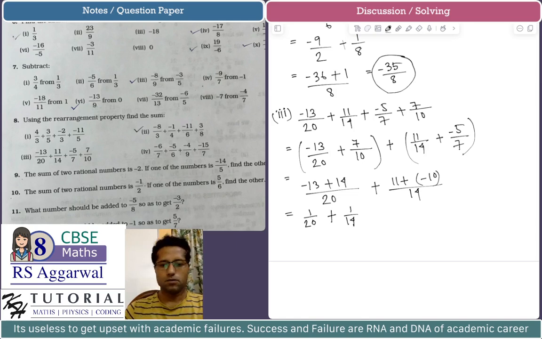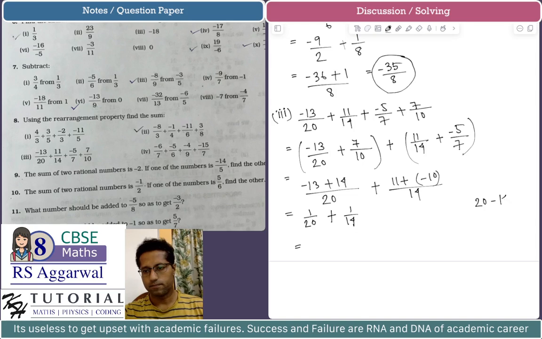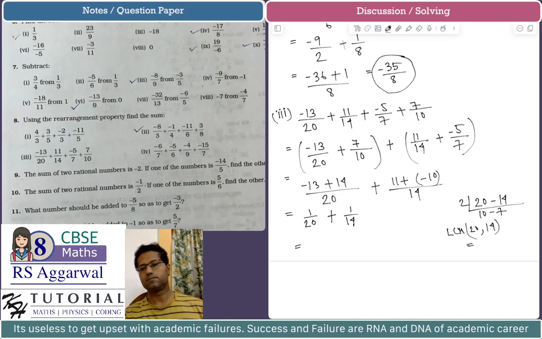Okay. So now we have to find the LCM of 20 and 14. What is the LCM of 20 and 14? So 2, 10, 7, 140. So LCM of 20 and 14 is equal to 140.